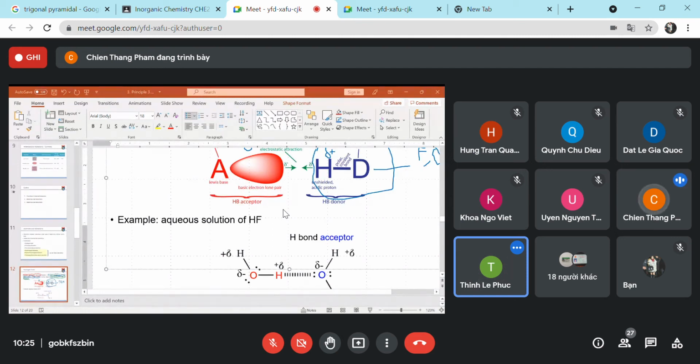Is there any hydrogen bond between HF and HF? No. Why is there no hydrogen bond between HF and HF? It's a polar covalent bond.